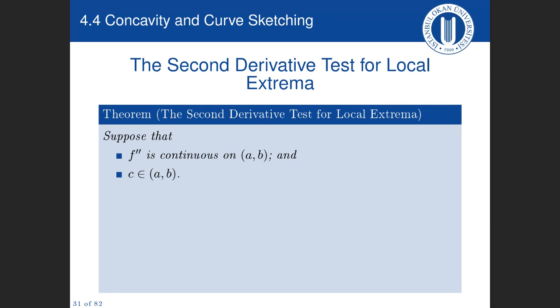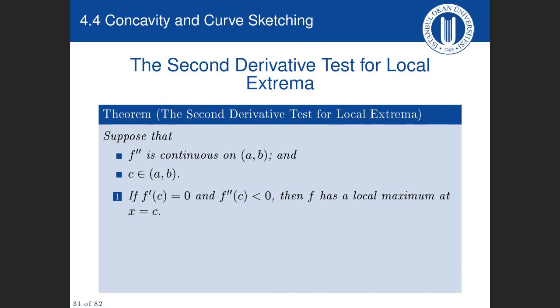And that brings me to the second derivative test for local extrema. Suppose that the second derivative of f is continuous on the open interval from a to b, and let's suppose c is some number between a and b.